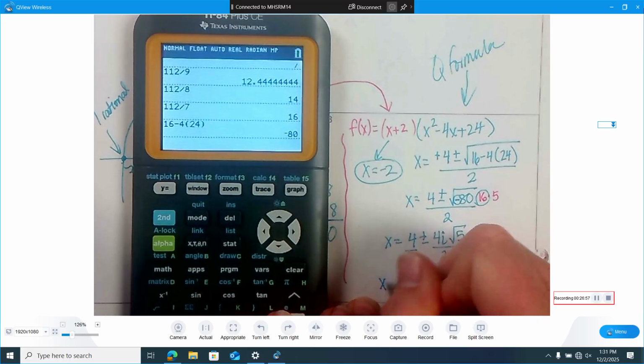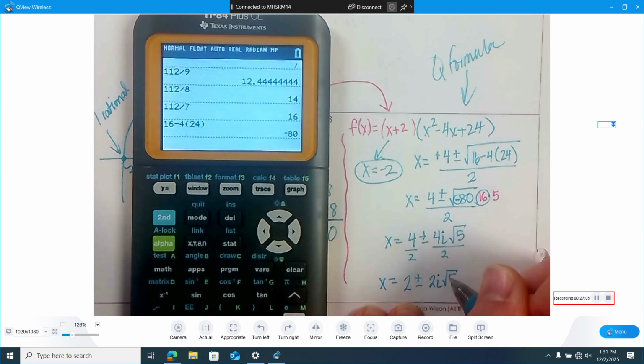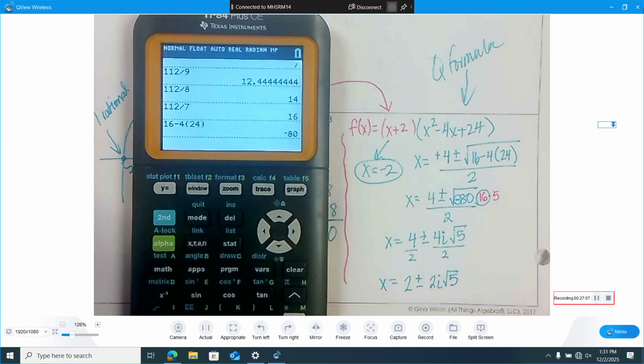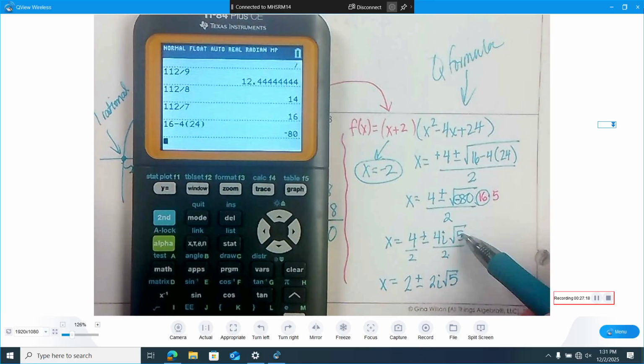And that cleans up to be yep, 2i radical 5. Beautiful. Again, we can only simplify the numbers that are the same type of numbers. So these are regular old 4s and 2s. If this was like a 6, you couldn't reduce the radical 6 and the 2 because one's totally radical and other's just regular decimal.